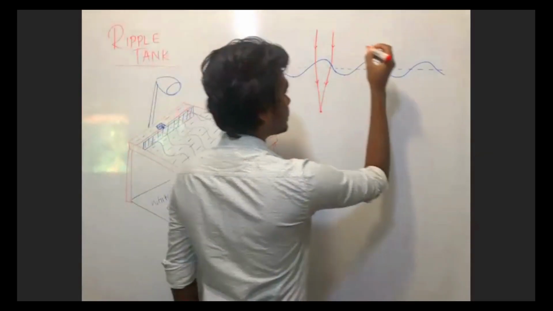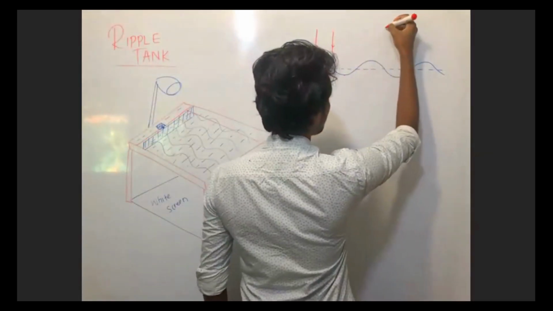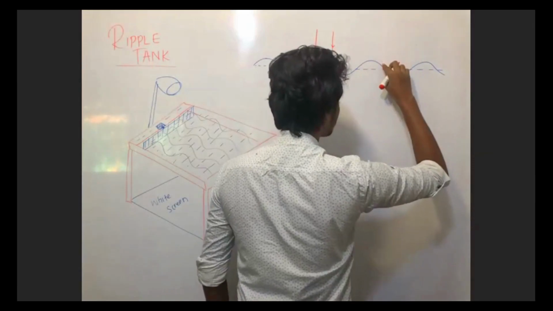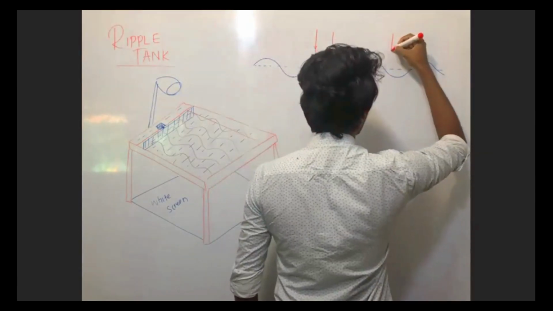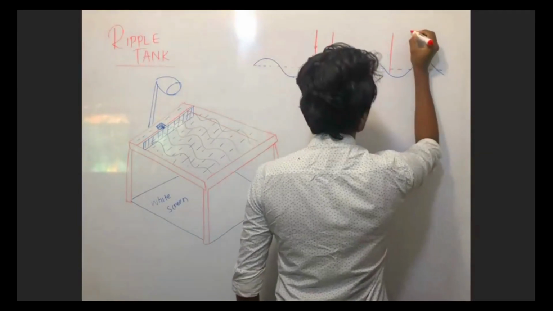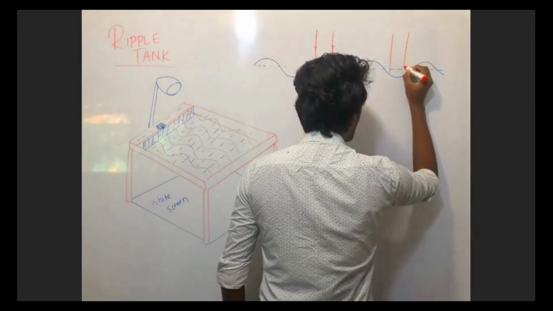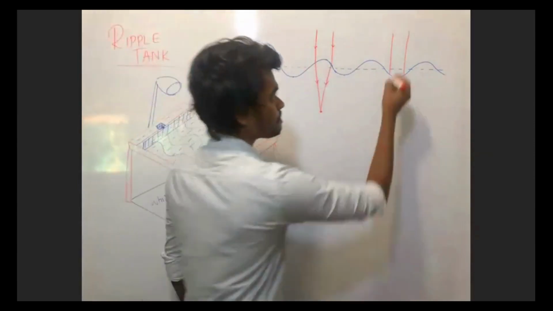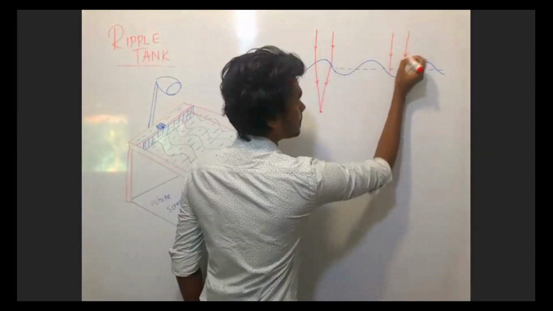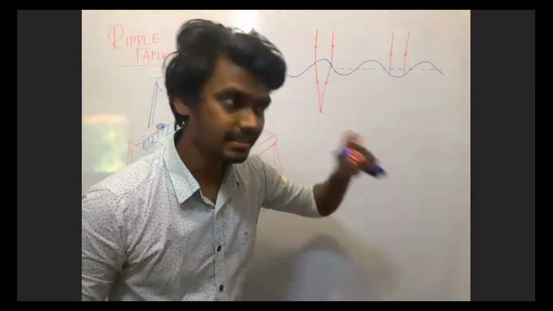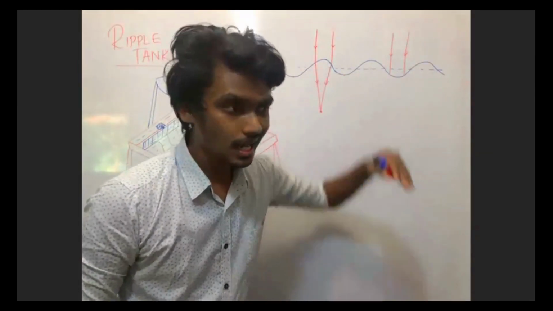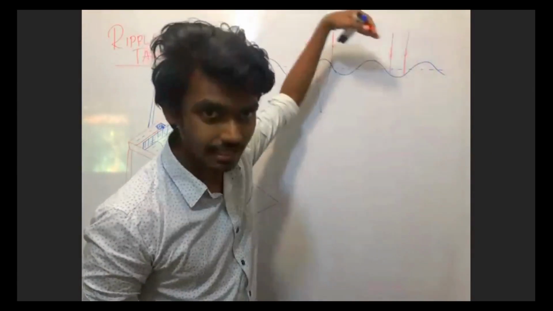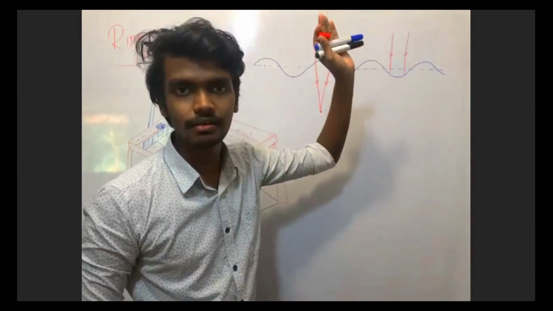When a light ray falls onto a trough, what happens? This trough acts very similar to a concave lens, right?